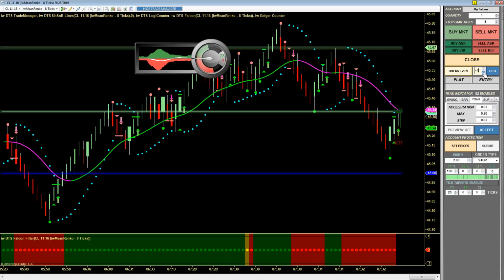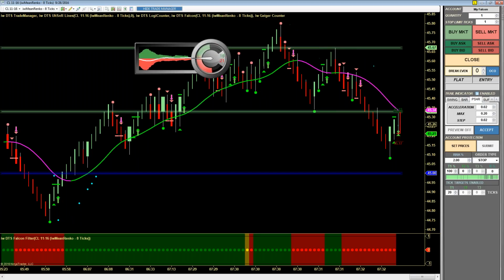You can be break even minus 4 ticks, or whatever you would like. All right, so it looks like I got tagged there more or less at break even anyhow. But hooray, at least I was able to show you how the trade manager actually rolls your stops for you.